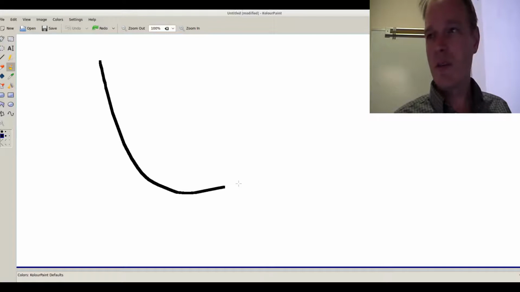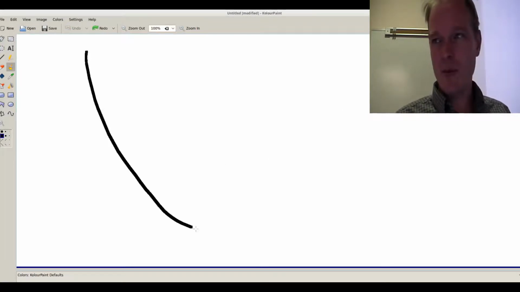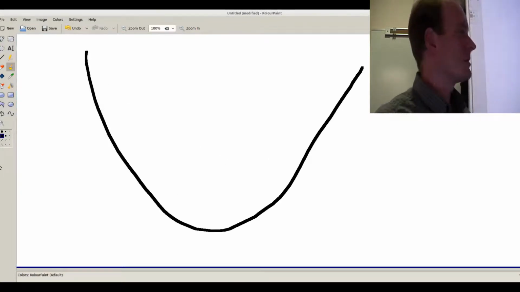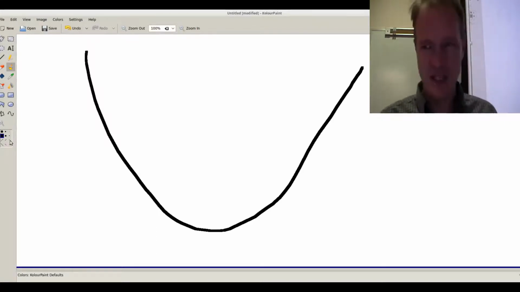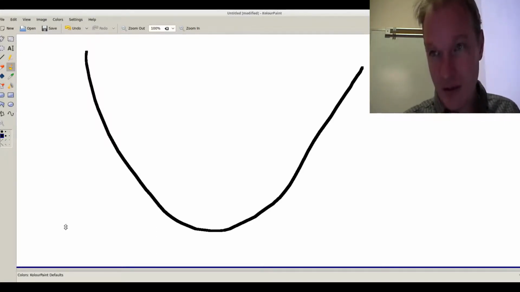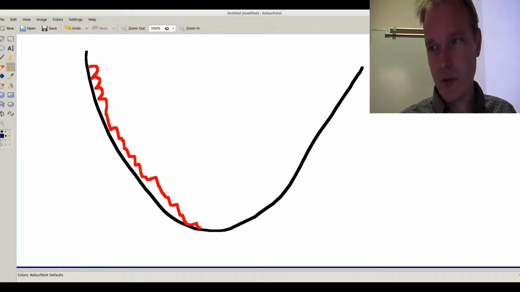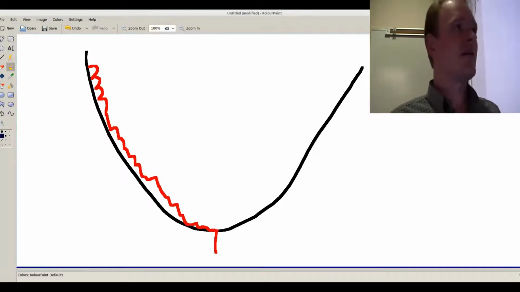So if something works with a kind of bowl shape, it's probably going to work in general. That's kind of weak reasoning. But if your learning rate is too small, here's what will end up happening. You will go from here and hop, hop, hop, hop, hop, till you get to the optimum.